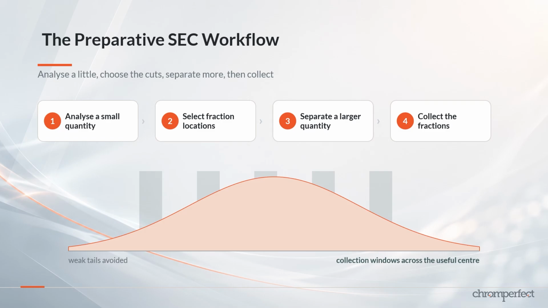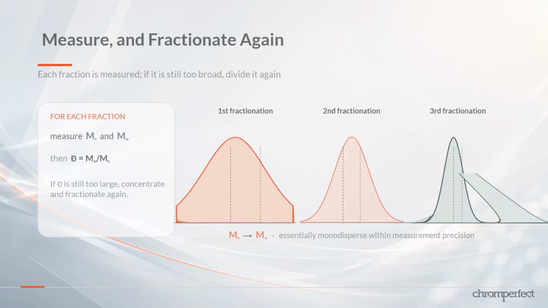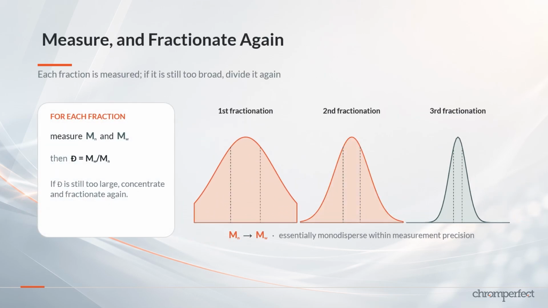Each collected fraction is concentrated and chromatographed again. During this second fractionation, the middle portion of the elution profile is retained, while the leading and trailing portions are discarded. Retaining the central portion reduces contamination from neighboring molecular weight regions. Mn and Mw are then determined for each fraction using suitable independent measurements.